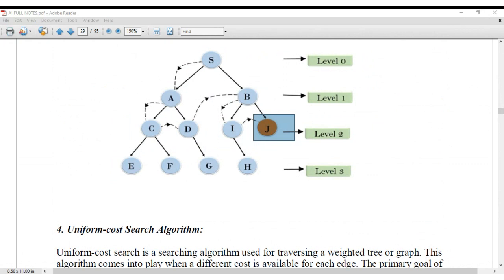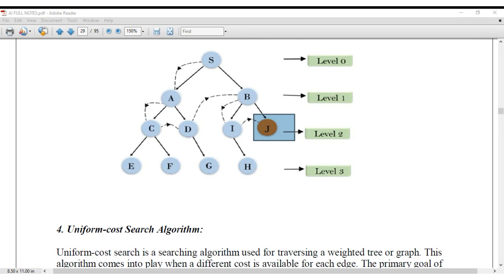So if J were not the goal node, it will skip from J to which other node so that it can continue the search? It will go where? It will go to E. Davis, is that what you wanted to say? Okay, then it will go to E. All right, it will go to E.